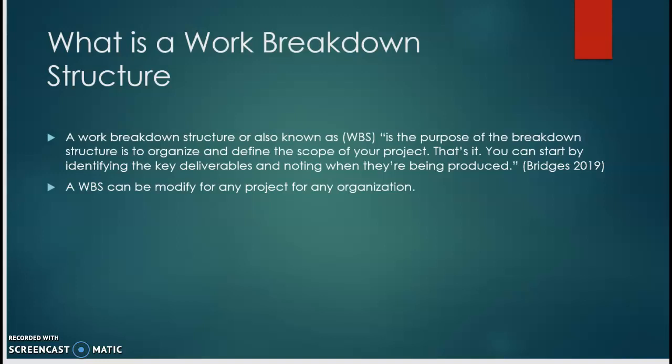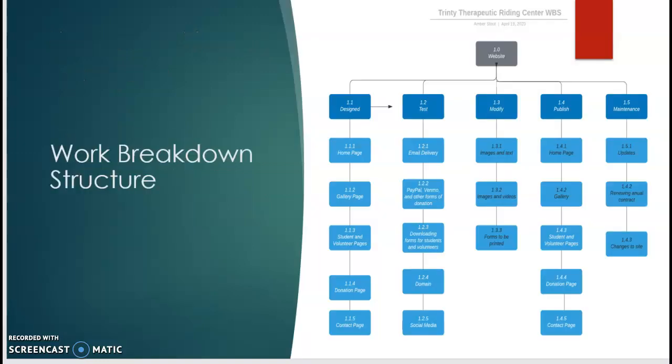website design. For my work breakdown structure, there are going to be 5 phases that are the main parts. It is designed to have the website as the key point since we are building a website. We're going to go into the design phase of the website, the test phase, the modify phase, the publish phase, and the maintenance phase.